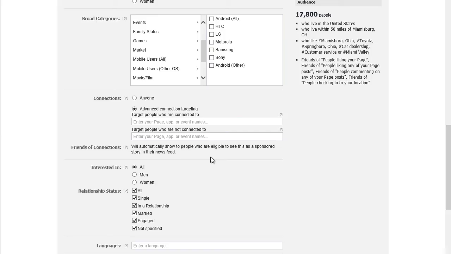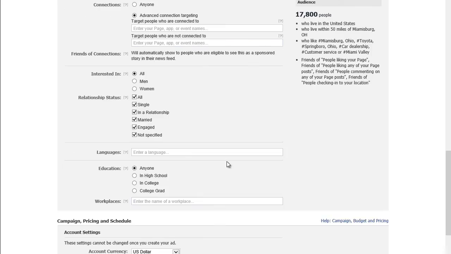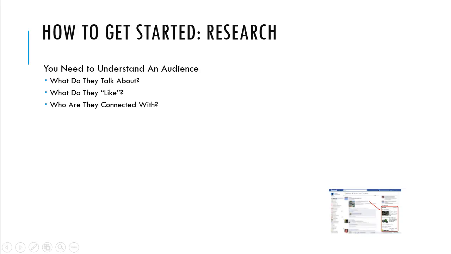You're going to write a specific ad to specific people, and you're going to find that Facebook's algorithm will work with you when that happens. This is why you want to understand your audience: because of all these targeting options, if you know them and put them in here, it's going to give you a better ad. Again, we're going to get into this deeper in another video, but I did want to show you this from the very beginning.